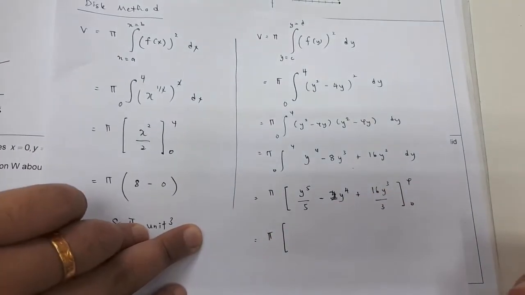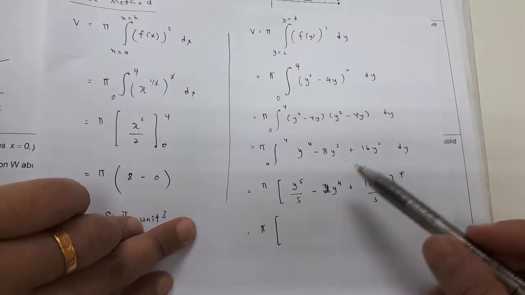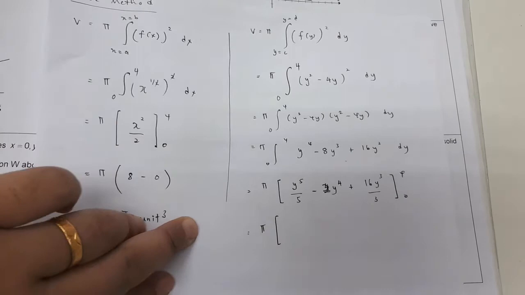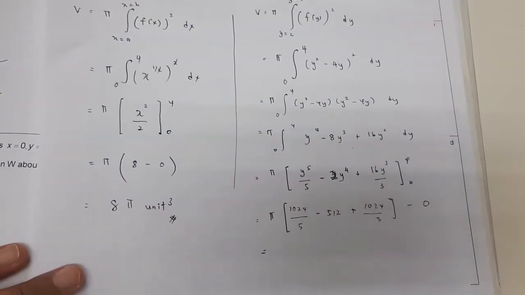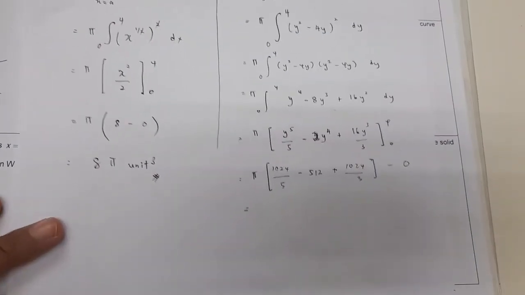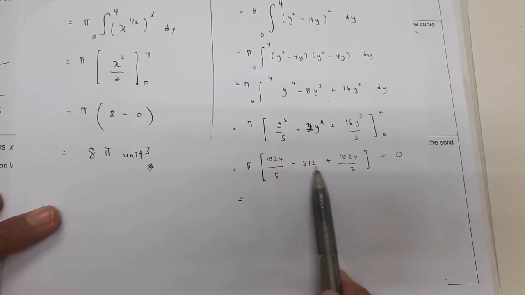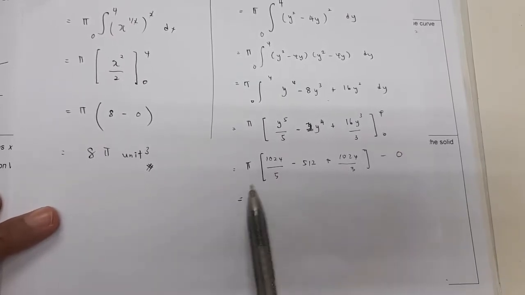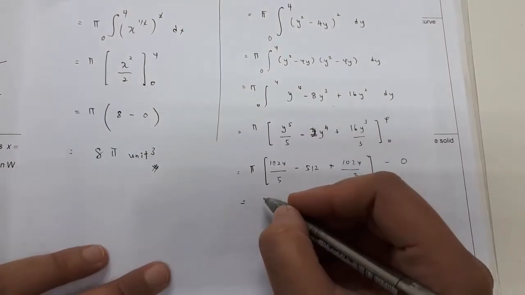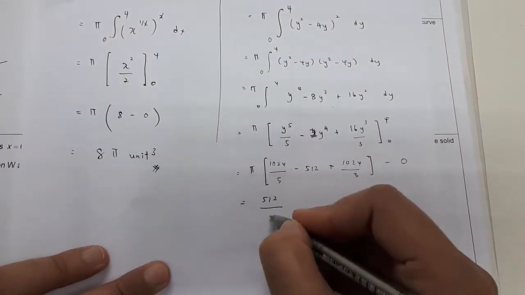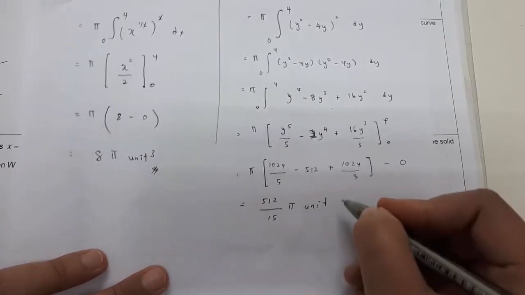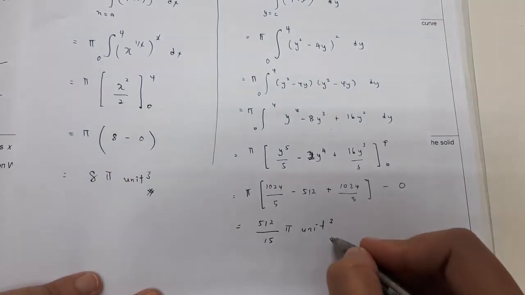And then substitute 4 into y minus substitute 0. Okay, substitute 4, we get this. And then when we substitute 0, we get 0. So the final answer is 512 over 15 pi unit cube.